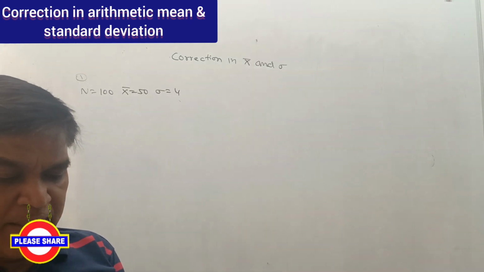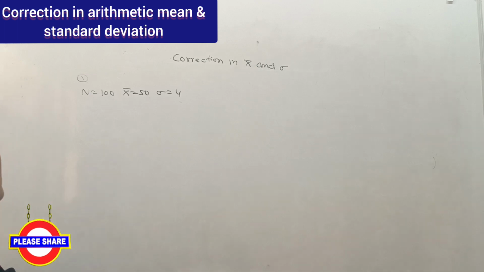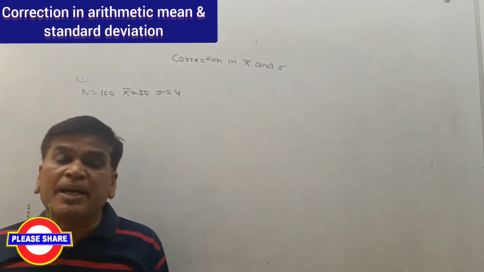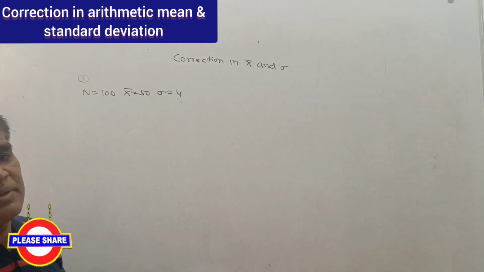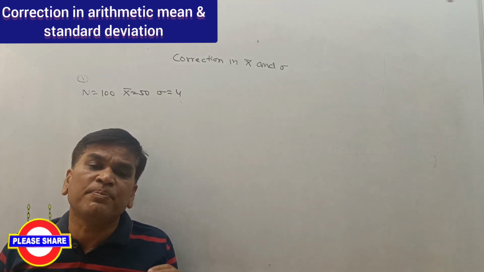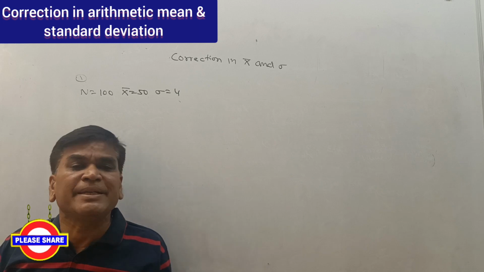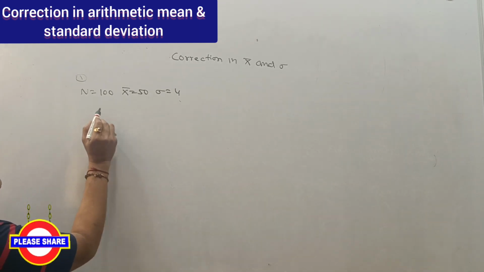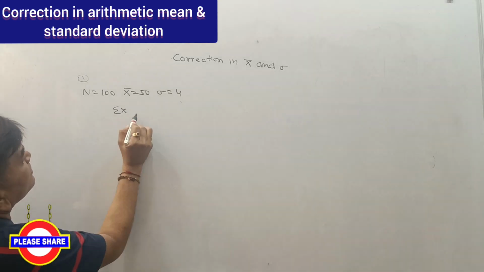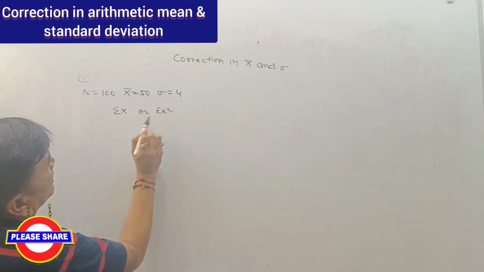This question asks: the mean of 100 items is 50 and standard deviation is 4. Then calculate the sum of all items and the sum of the squares of all items. It means we have to calculate sigma x and sigma x square.